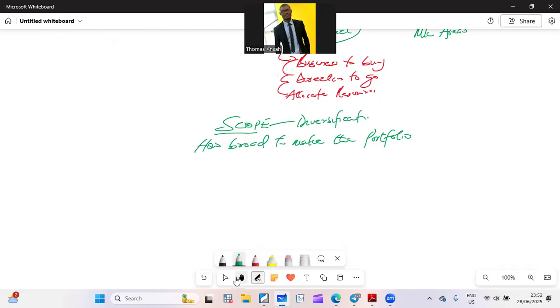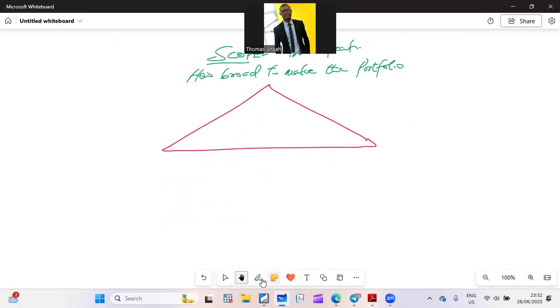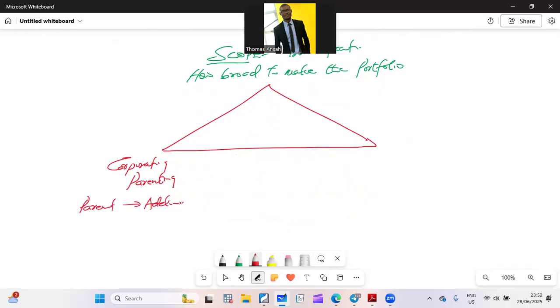All right. And these things are achieved via two main things. So we are talking about corporate parenting. All right. So how should the parent help the subsidiary, the business that you buy, the various portfolios that you are in? So we are looking at the parents adding value to you.